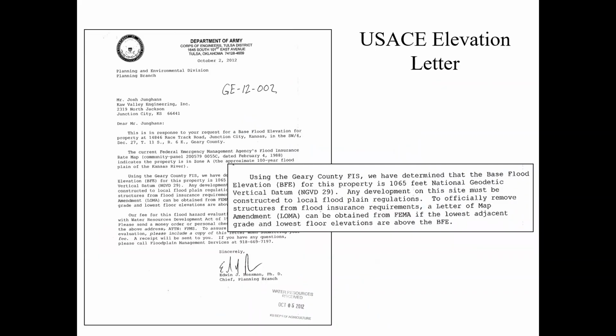And you can also go to the US Army Corps of Engineers to get a letter. This usually costs around $350. It might be a little bit cheaper if they've already calculated something nearby. So they used to require that new cross sections be shot for a survey, but now we can use LiDAR and it saves money.